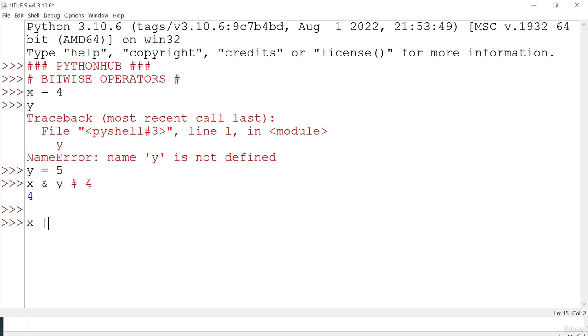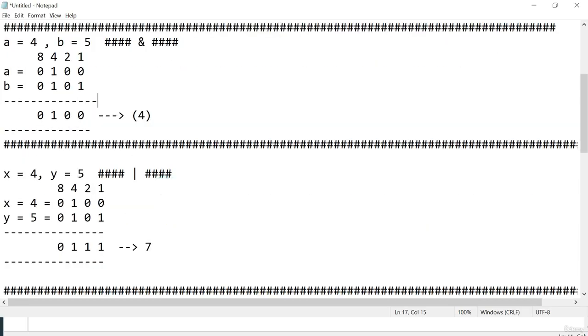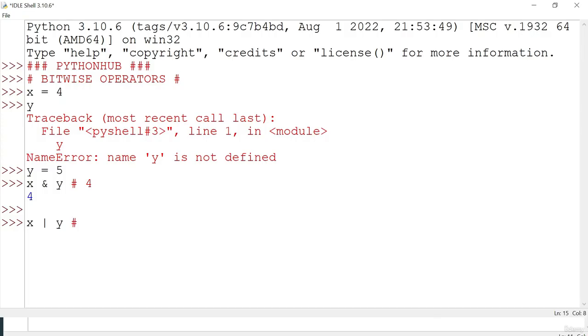Let us see by applying the bitwise OR operator between these two. When we calculated manually for the bitwise OR operator, we got 5. So let us see whether we are getting 5 or not.